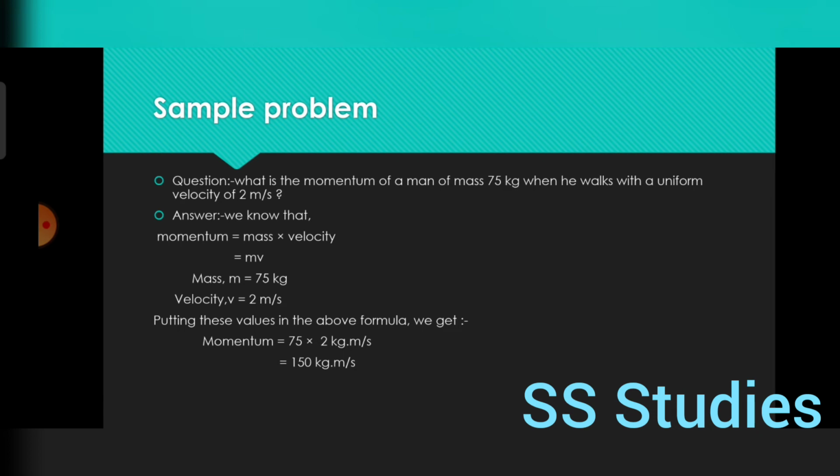Putting these values in the above formula, we get momentum = 75 × 2 kg·m/s = 150 kg·m/s. Like that, you can solve many other sample problems about momentum.